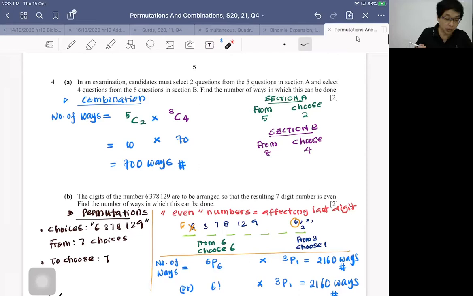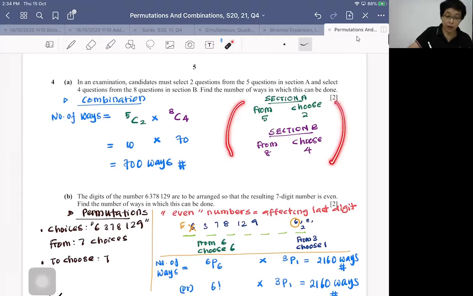For section A, it's mentioned that there are 5 questions, and from the 5 questions, each candidate is supposed to choose 2. From section B, there are a total of 8 questions, and each candidate has to choose 4 out of the 8.